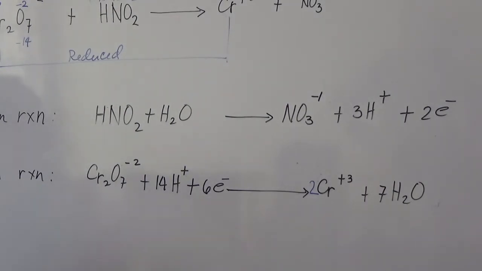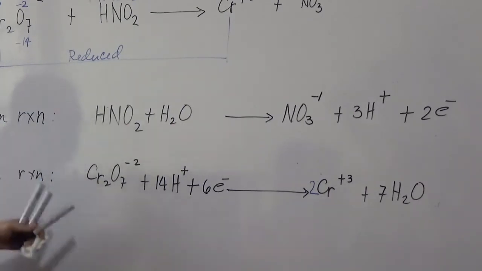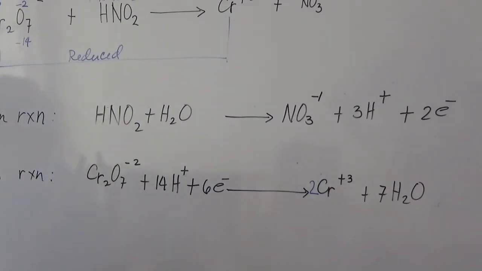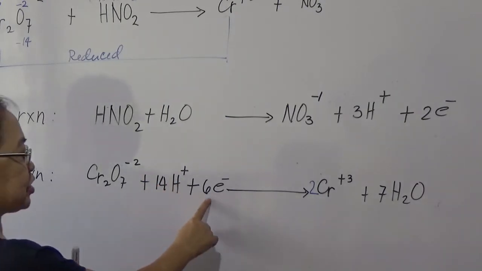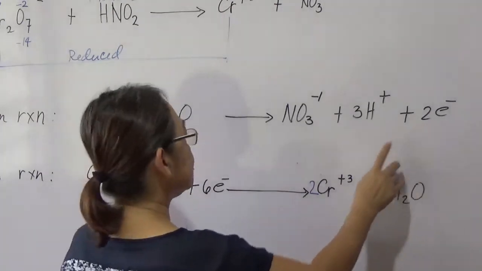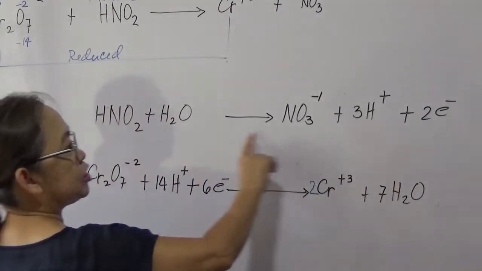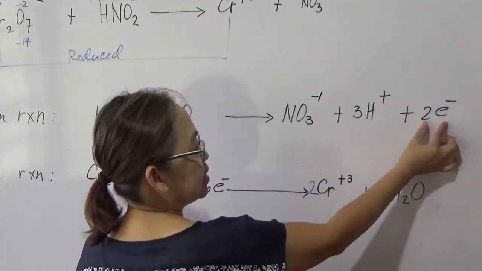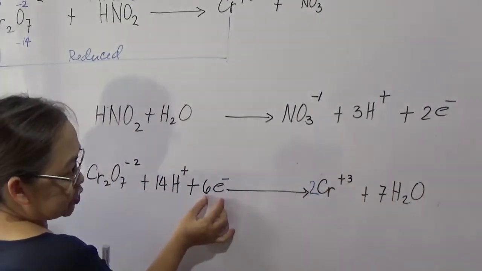So in order to do that, you're going to multiply either of the two half reactions, or both, by a certain number in such a way that the two will have the same number of electrons. Since this one is 6, this one is 2, you can multiply this one by 3 to make it 6, because this one already is 6.